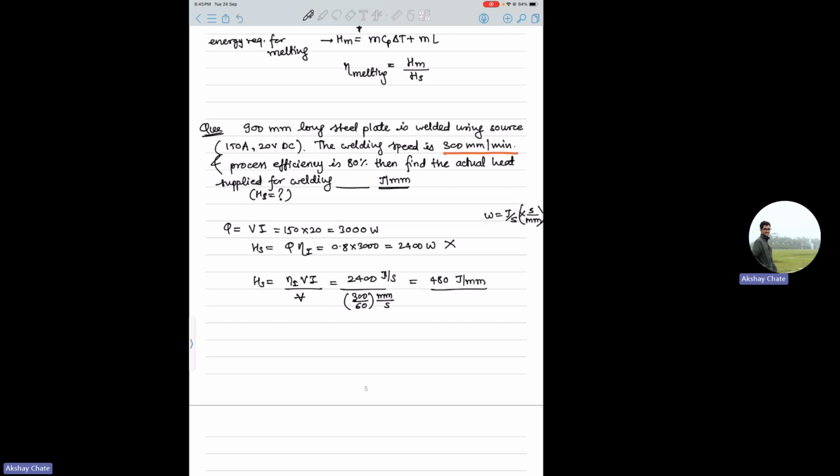Okay, so there was one more question. Other questions are mostly particular to some processes, so that's why I said it's very difficult to find numericals today. Anyway, let me see one more thing.